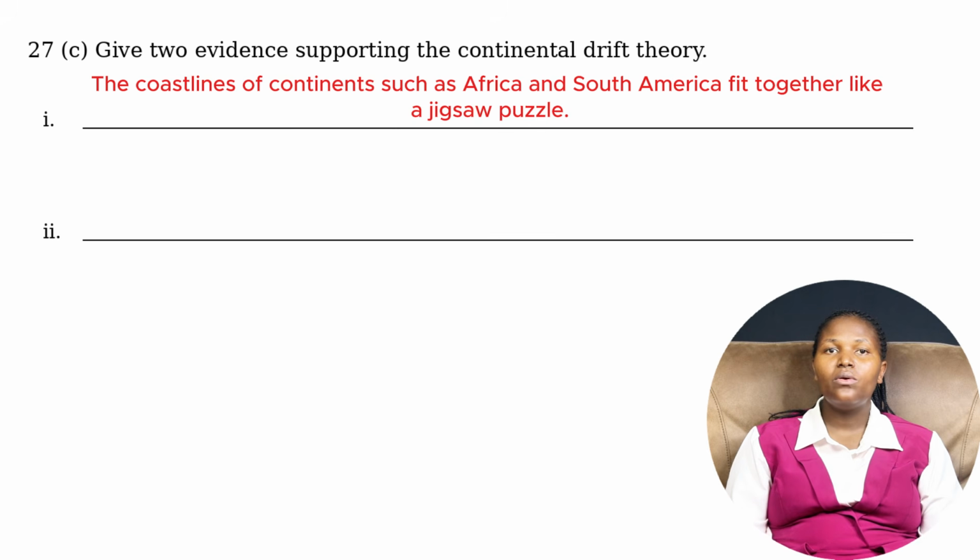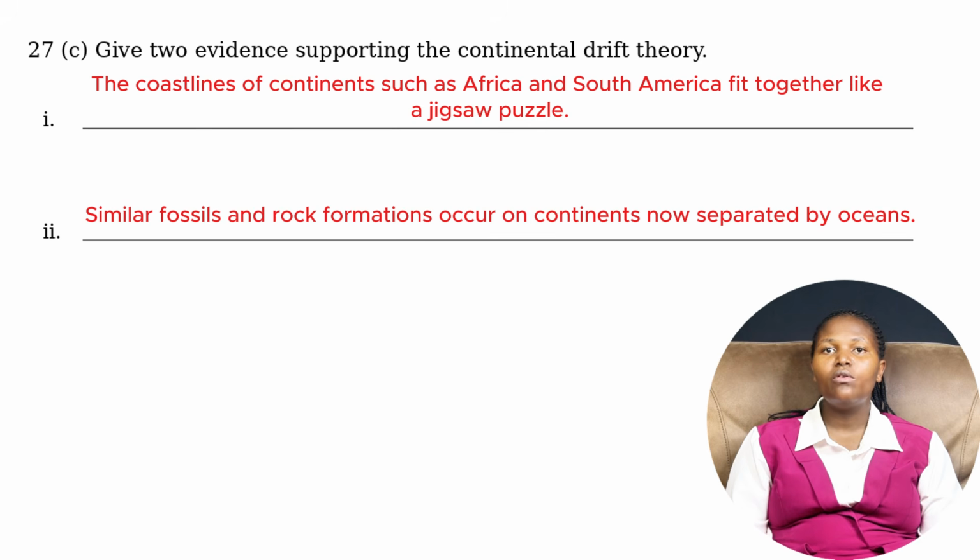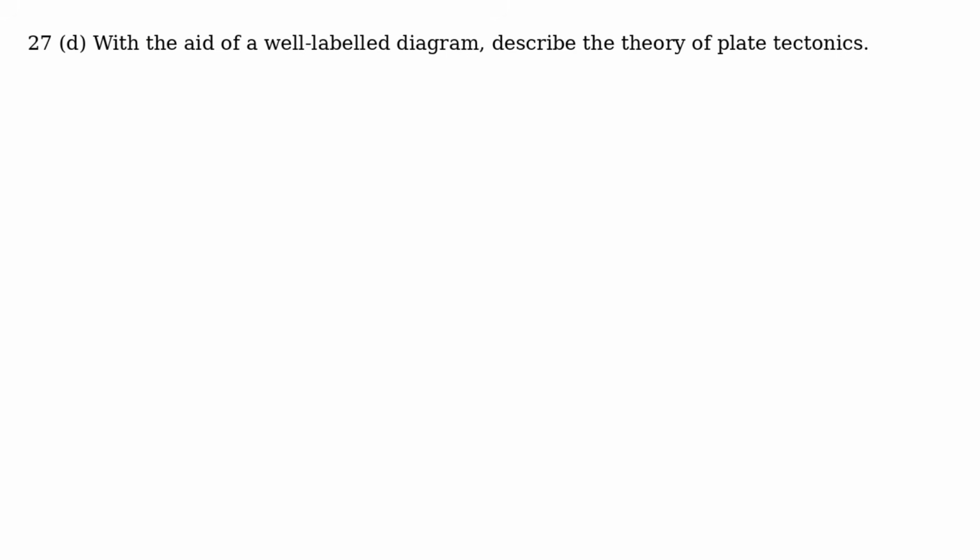You can also talk about similar fossils and rock formations which occur on continents now separated, especially by oceans, you see. Then other evidence include matching mountain ranges and ancient glacial deposits. So there are very many options there, and as long as it is talking about evidence of a drift, you should be correct.